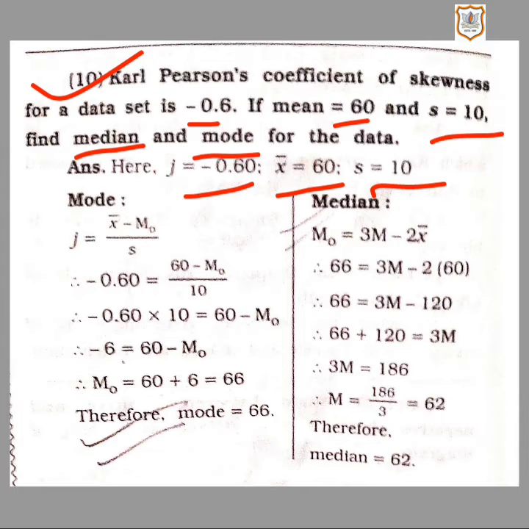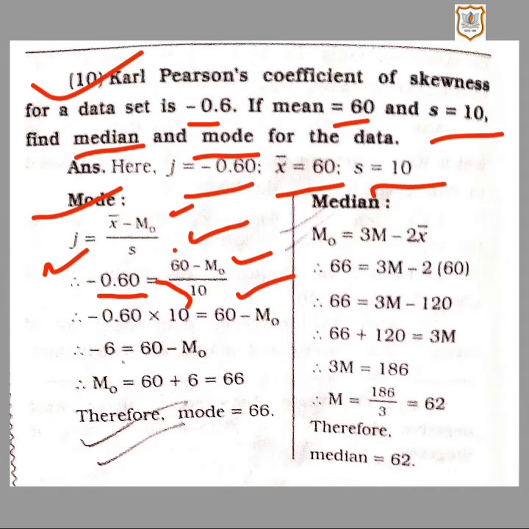So with the help of the formula of coefficient of skewness, we can find mode. J is equal to (mean minus mode) upon standard deviation. Only mode is missing, the rest of the three values are given. So let's put the values. J is minus 0.6, mean is given 60, minus mode we will write as it is, upon standard deviation is 10.